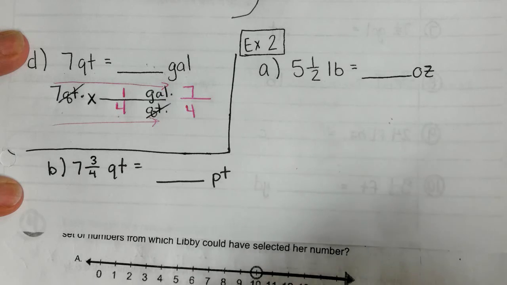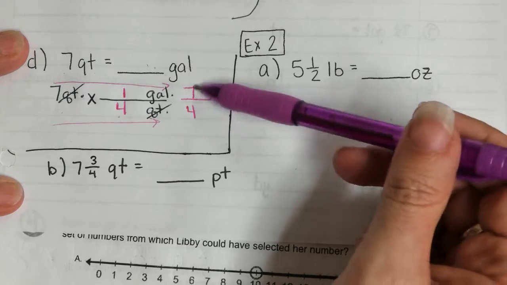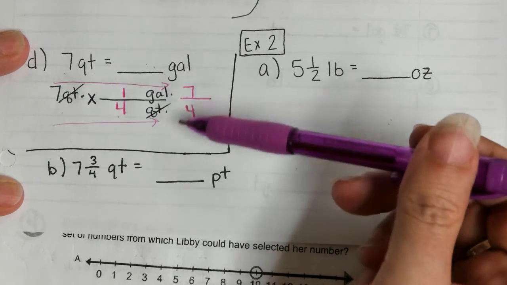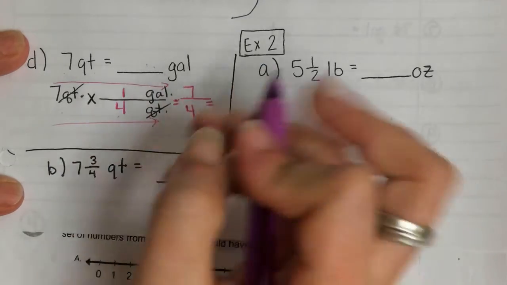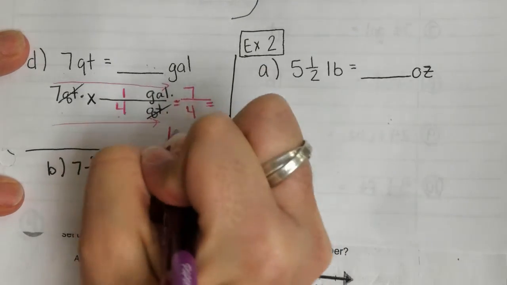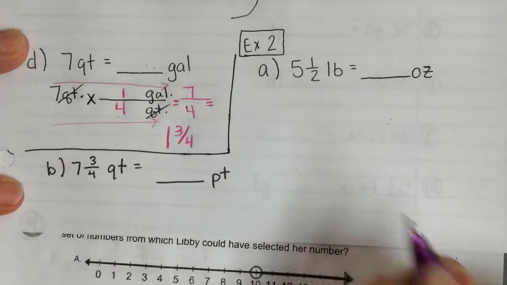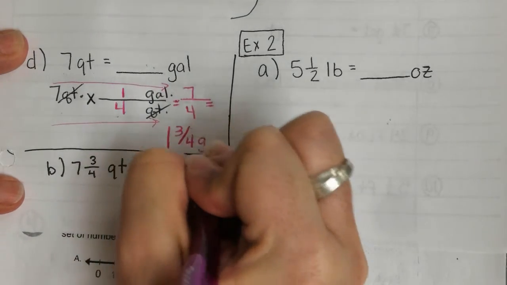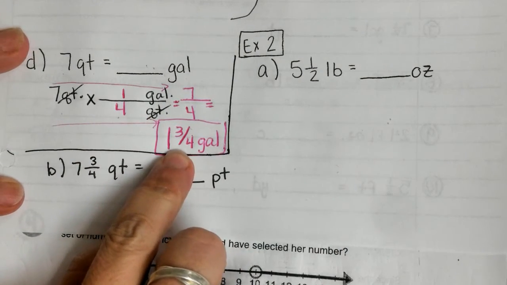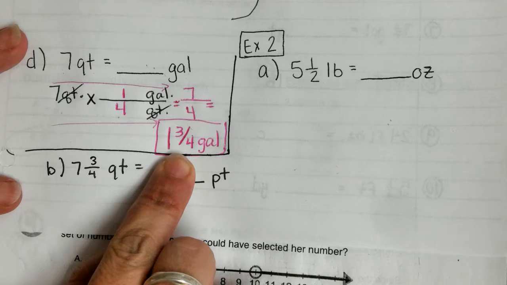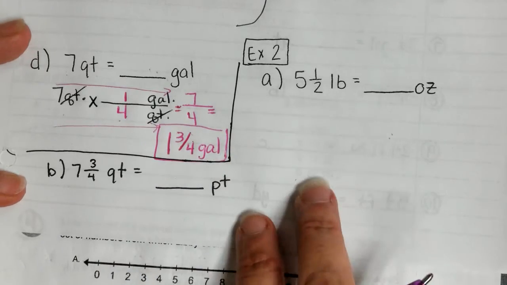If you can't simplify this thing, do 7 ABC 4. One and 3/4, right, gallons. You've got to simplify it with a fraction, unless it started as a decimal. Otherwise, always do a fraction. Yes?